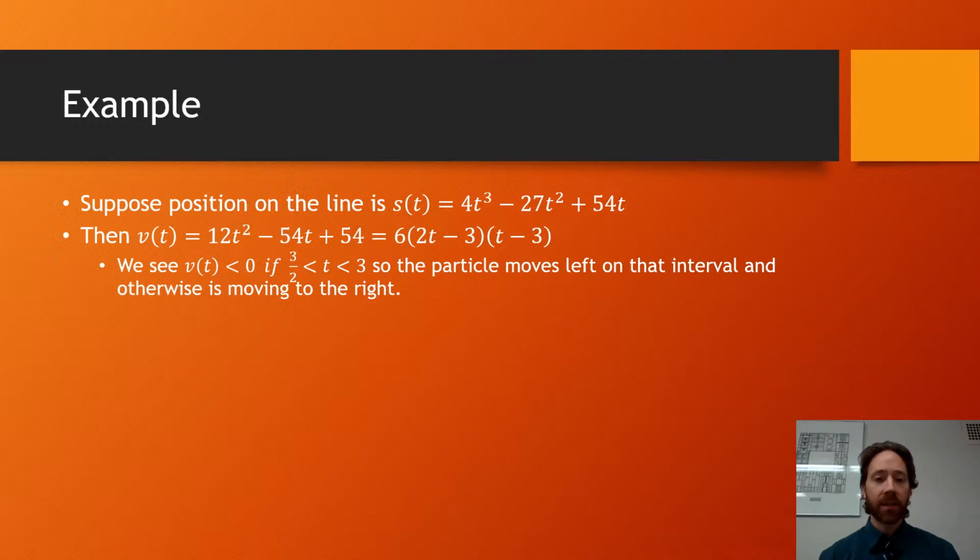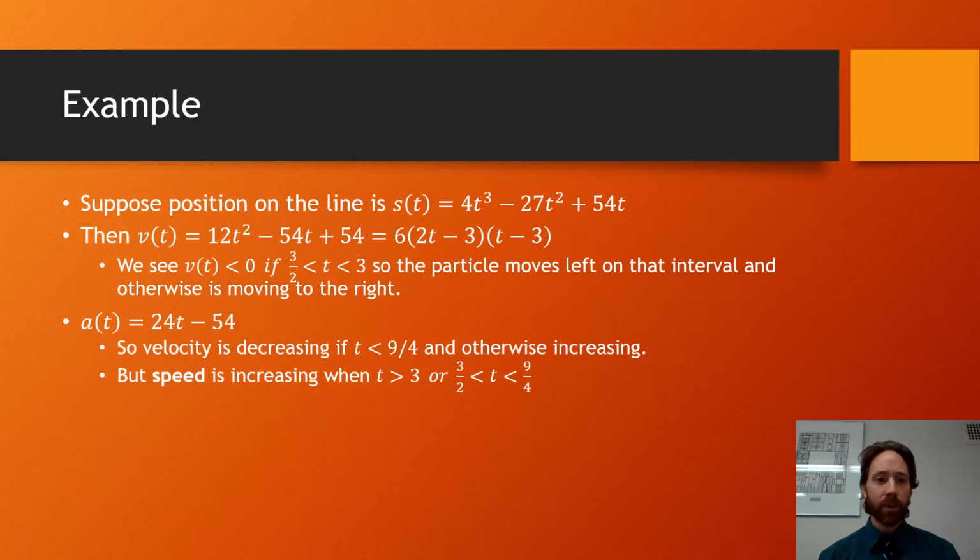So the velocity is 6 times (2t minus 3) times (t minus 3). And we can analyze that to say velocity is negative only when t is between 3/2 and 3, the zeros of that quadratic function. So only when the velocity is negative is the particle moving to the left, and the particle will be moving to the right otherwise.